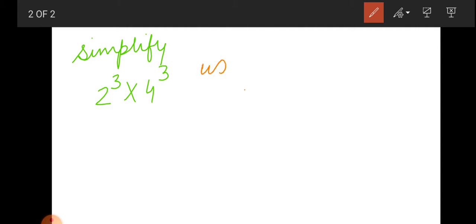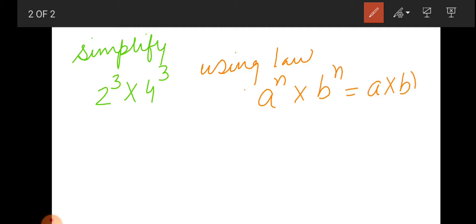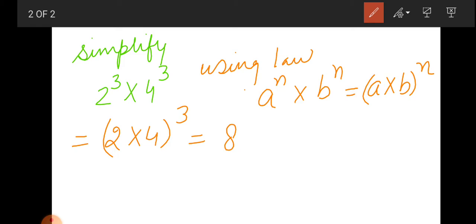Using the law a raised to the power n into b raised to the power n is equal to a into b raised to the power n, we can write 2 raised to the power 3 into 4 raised to the power 3 as 2 into 4 raised to the power 3, which is equal to 8 raised to the power 3.